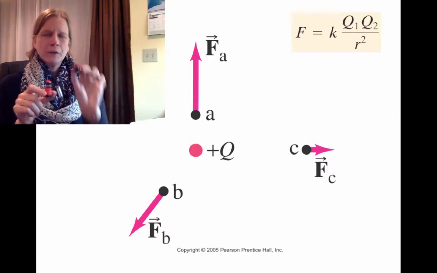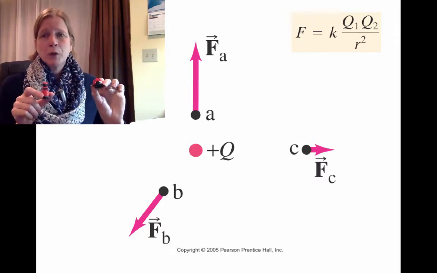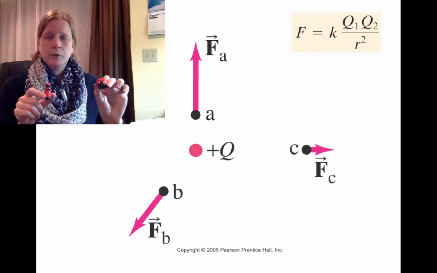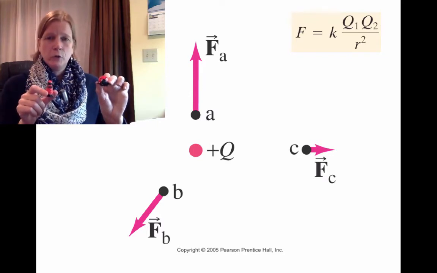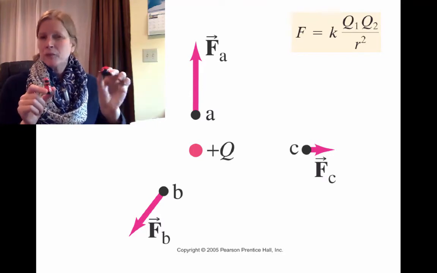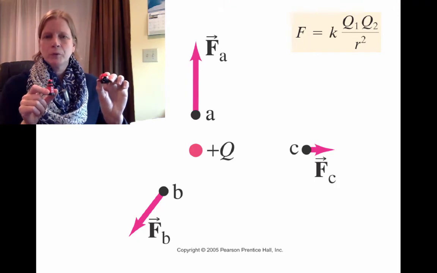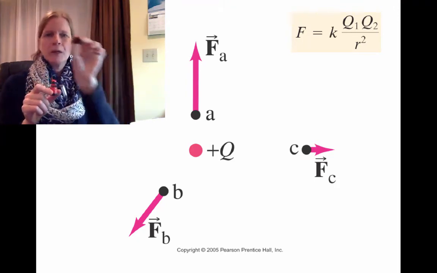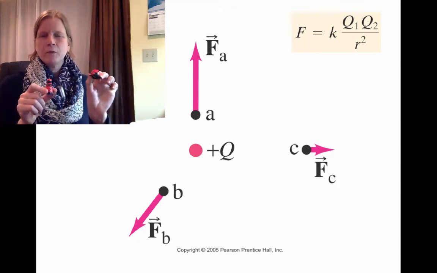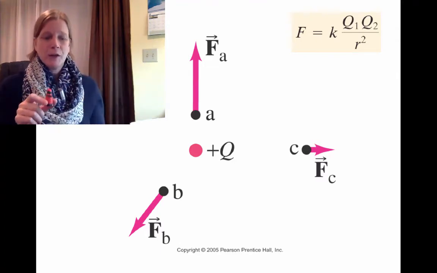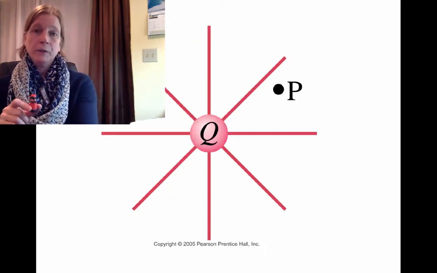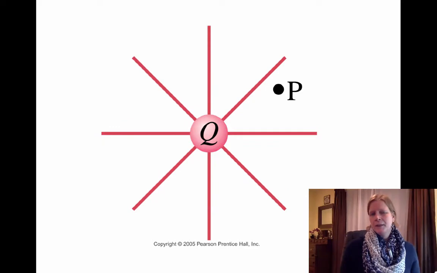Figuring out all these forces just follows Coulomb's law, which is given in the upper right of your screen, k Q1 Q2 over r squared. That's a review of Coulomb's law. But if we think about the strength of the force on this charge, we can use that to map out the electric field. That's what's done in this diagram.